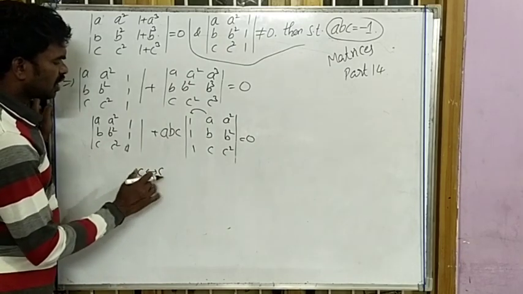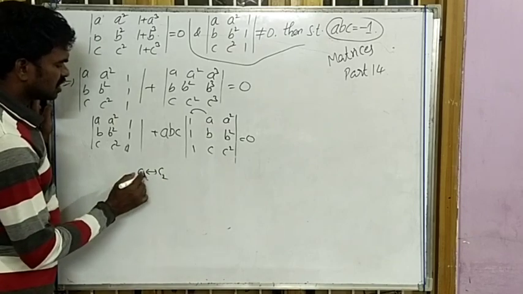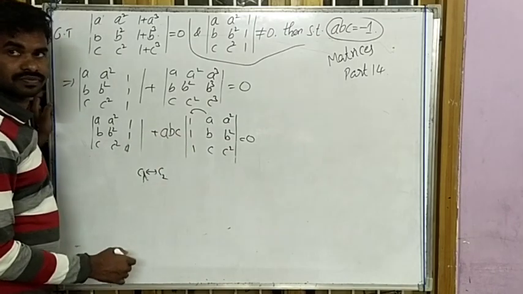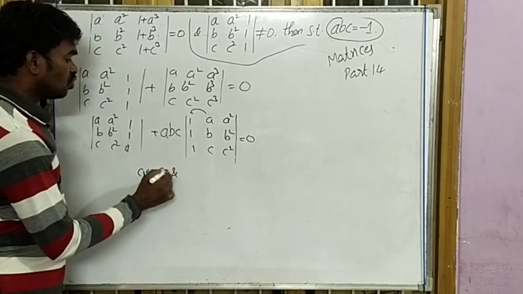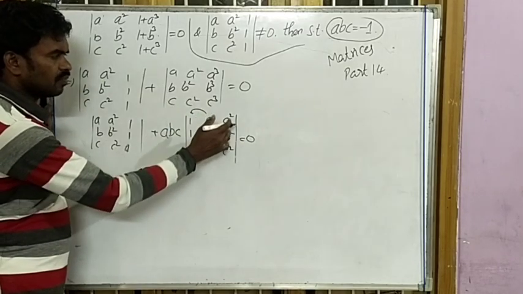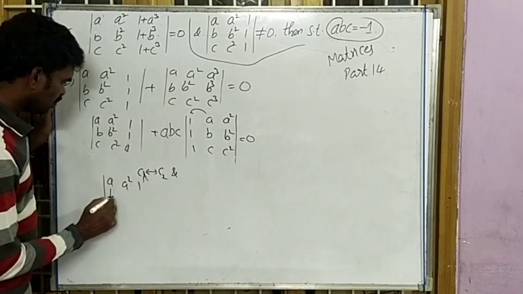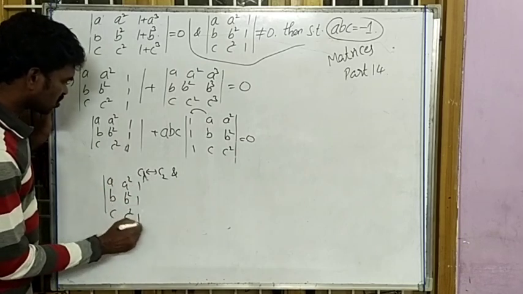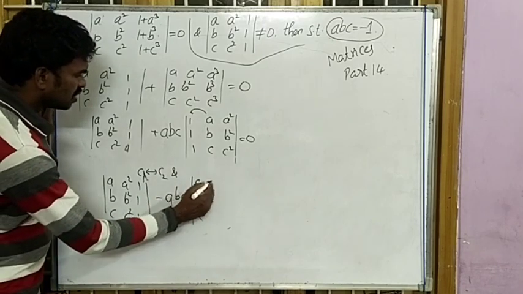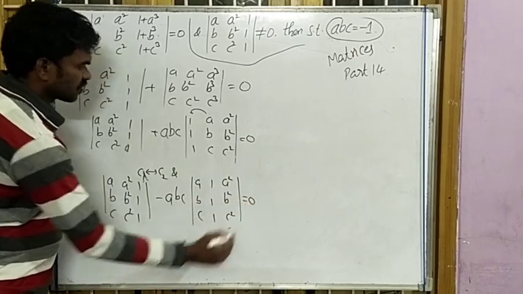So C1 and C2 are interchanged. Whenever C1 and C2 are interchanged, plus becomes minus, and after changing, 1 goes to the second column. First I am writing a^2 1, b^2 1, c^2 1 minus abc times 1 a^2, b^2, c^2 is equal to 0.